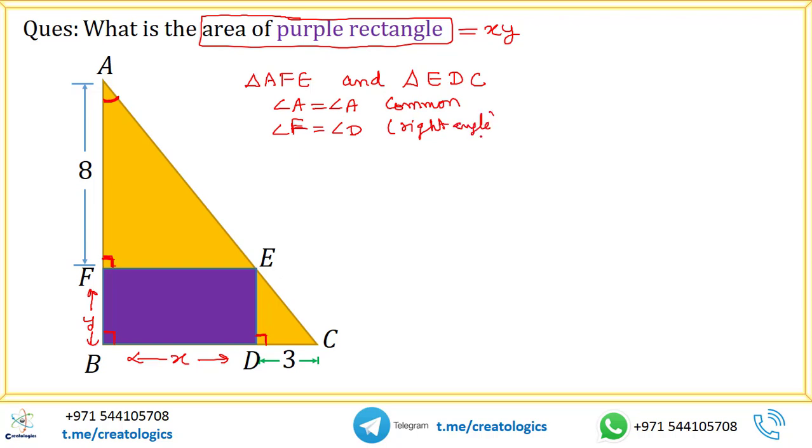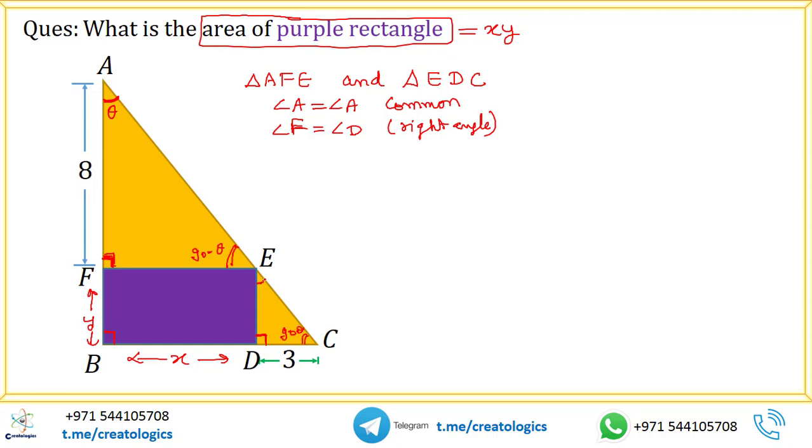If in a triangle two angles are known, the third angle will be 180 minus the sum of the remaining two. If I consider this angle to be theta, then this angle is going to be 90 minus theta, because this angle is already given as 90 degrees. Similarly, this angle is also 90 minus theta.